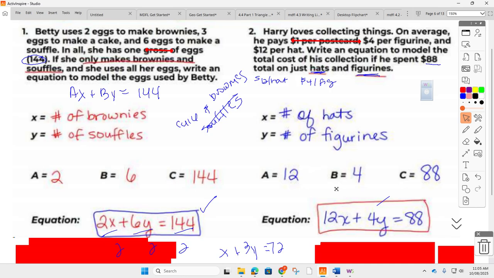It doesn't matter. One is not any more right than the other. I think the reason they wrote it is that hats came first here, and figurines came first in this problem. I think that's the only reason. When it asked you to write the equation, they had hats first and figurines first.